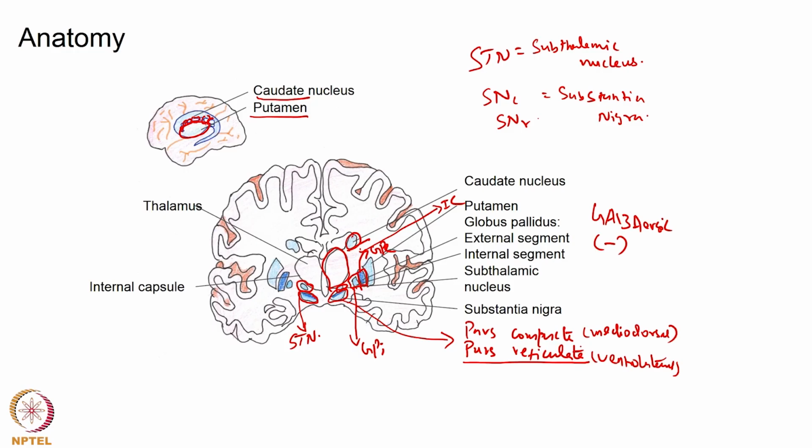In fact, these two can be considered to be the same nuclei separated into two by internal capsule. So, these are functionally and cytoarchitecturally very similar structures separated into two distinct nuclei through internal capsule. Okay. So, substantia nigra pars reticulata and globus pallidus internal perform similar functions, which is basically to act as the output structures of the basal ganglia.